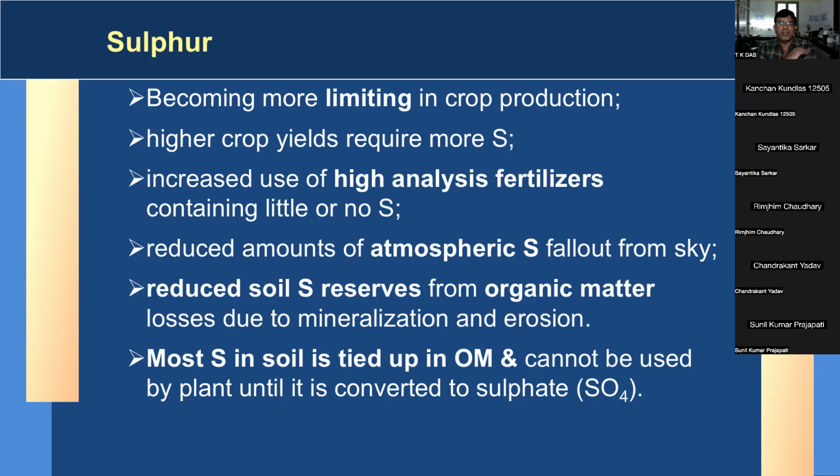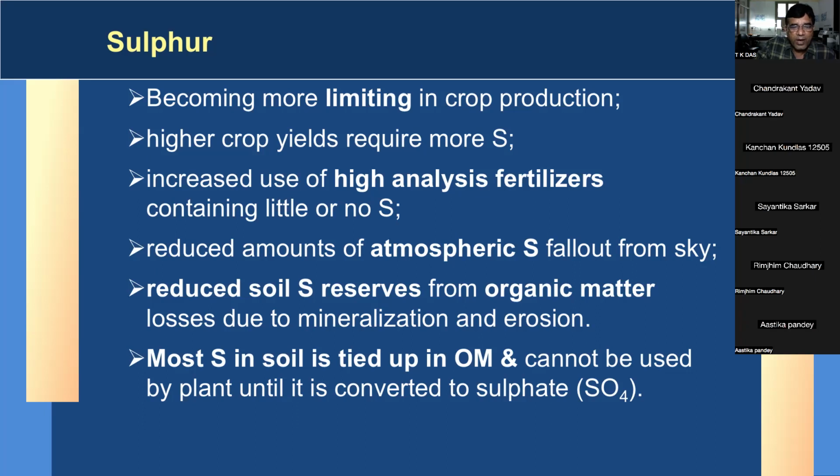So some sulfur was coming from these sulfur containing fertilizers. Of course, they were basically used for other nutrients. Like SSP was used to supply phosphorus, but it also supplied sulfur as well as calcium. Similarly, ammonium sulfate will supply you sulfur. So actually, consumption of these fertilizers has declined over the years.